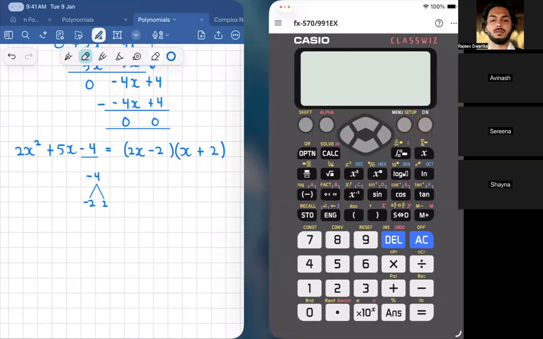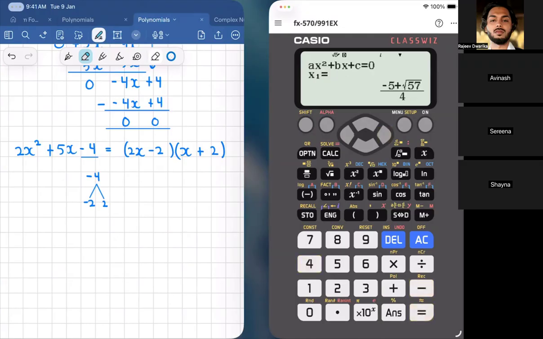Serena, what did you get? Were you able to factorize it? No, sir. I don't think it's factorizable. Polynomial degree 2, right? 2x squared plus 5, minus 4.